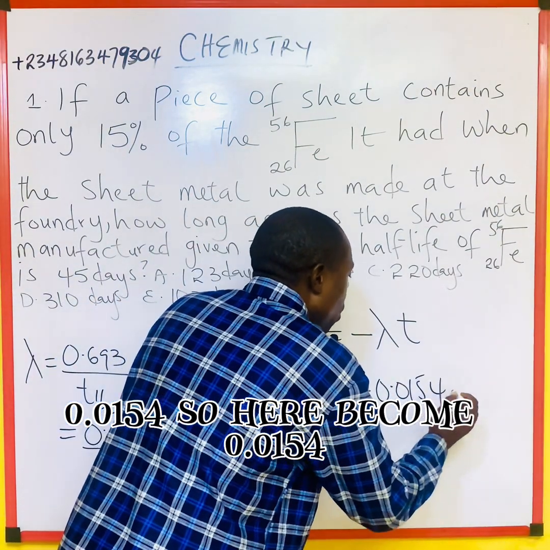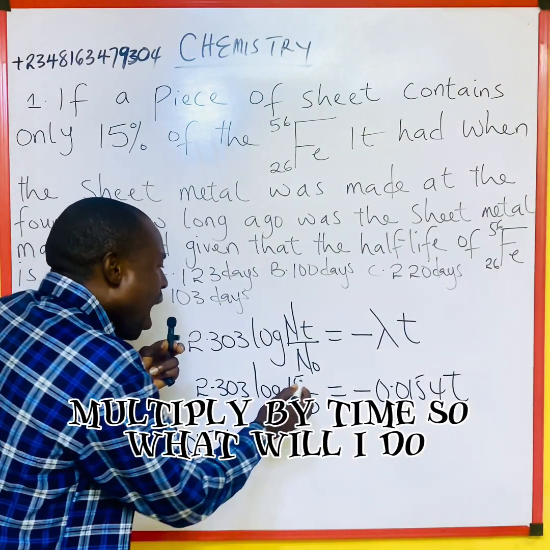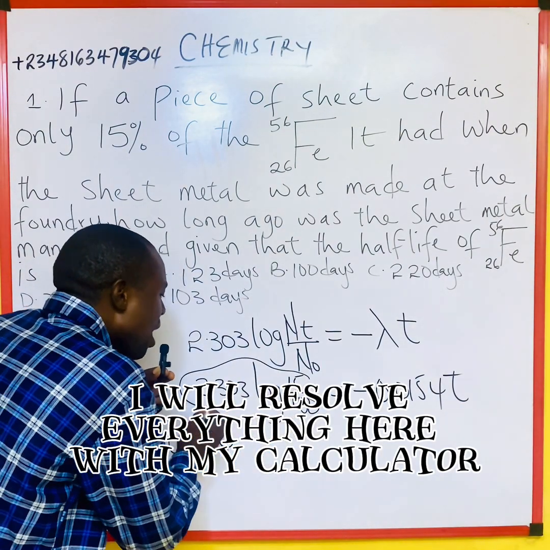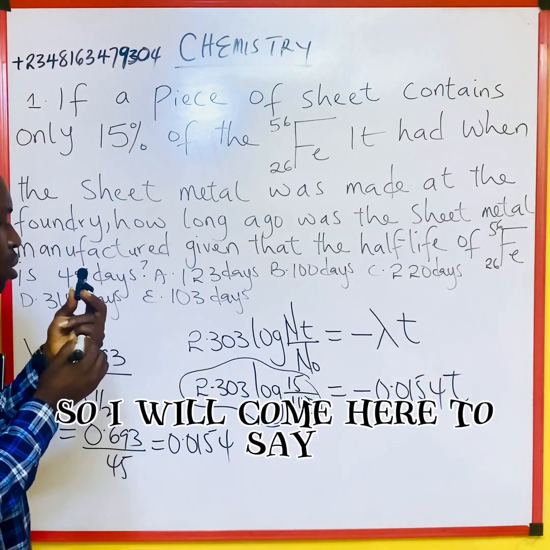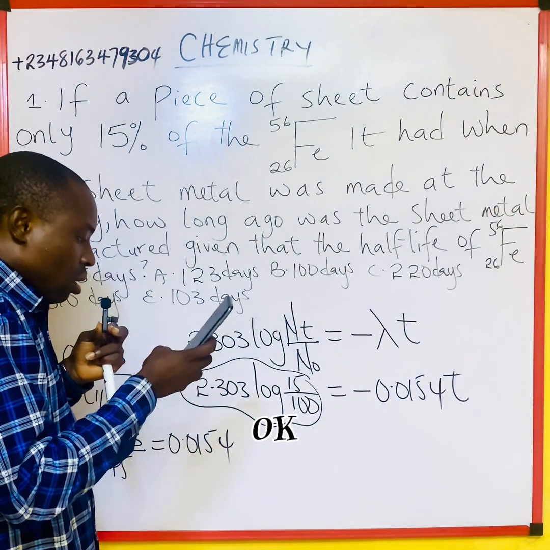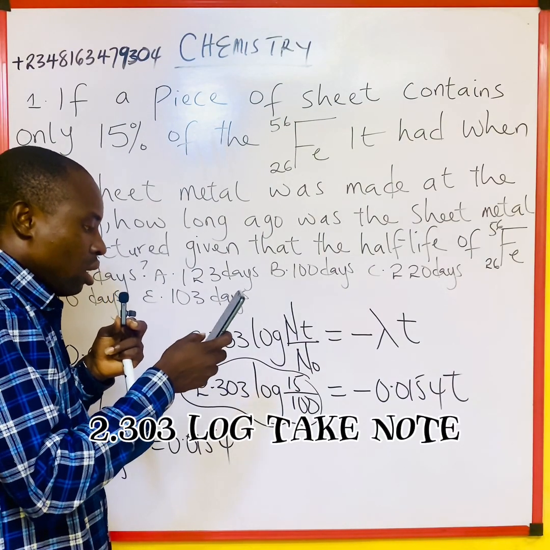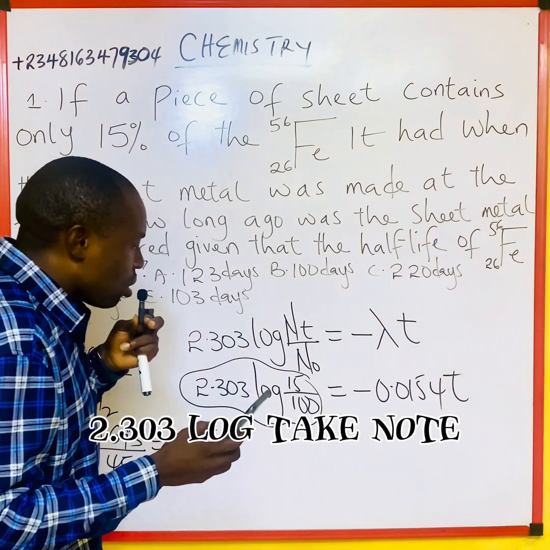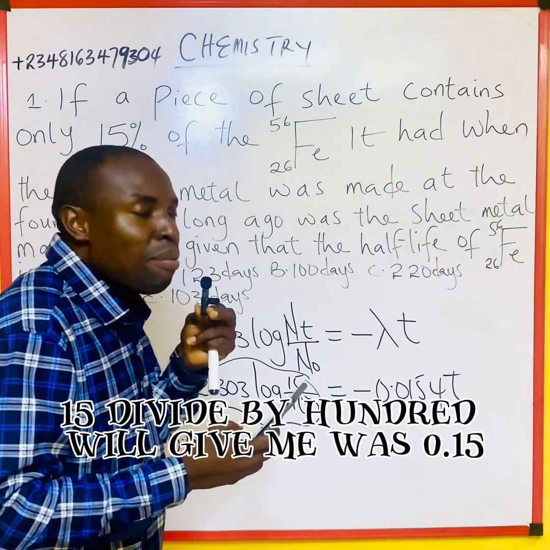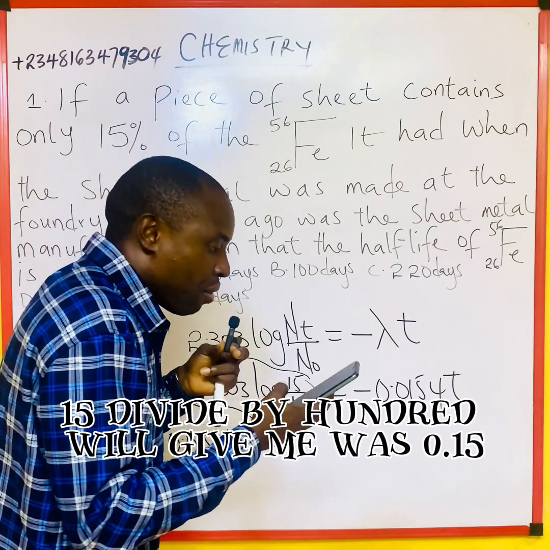So what will I do? I will resolve everything here with my calculator. 2.303 log, take note, 15 divided by 100 will give me 0.15.